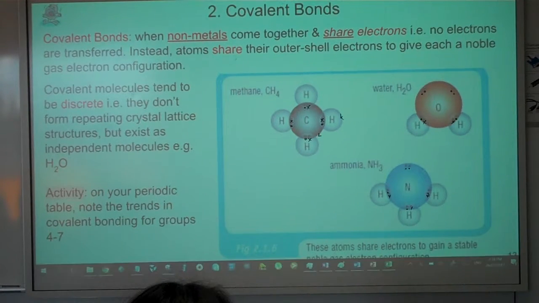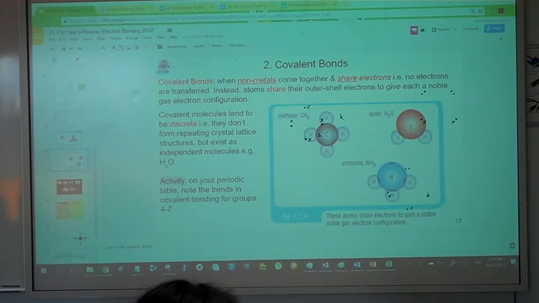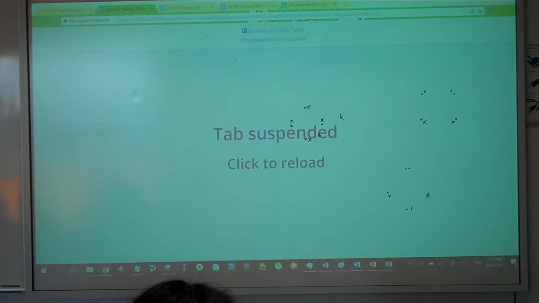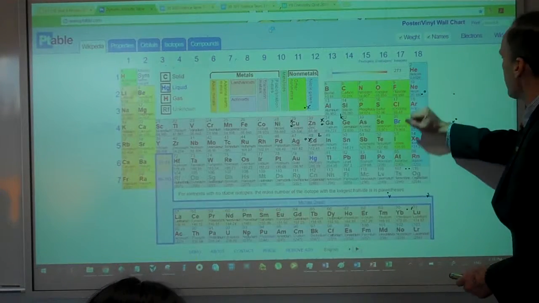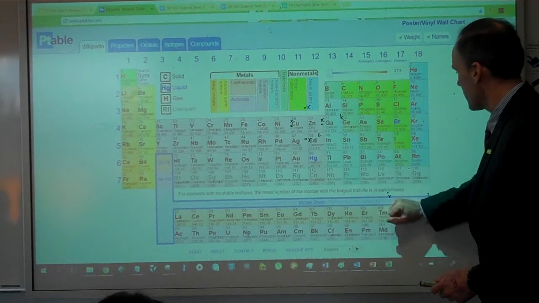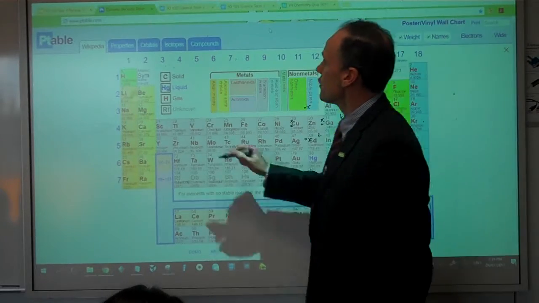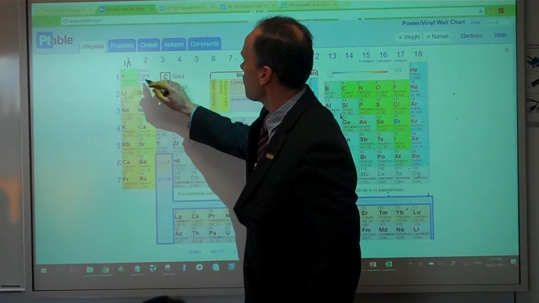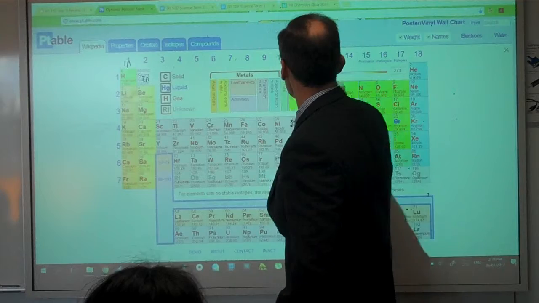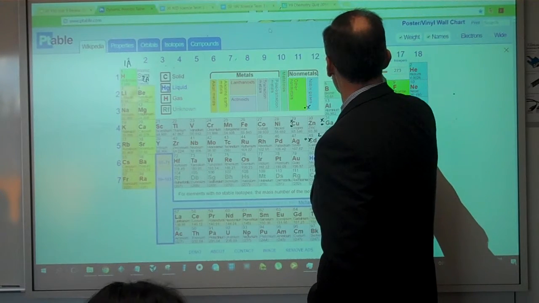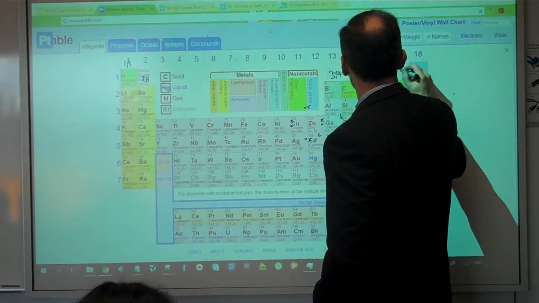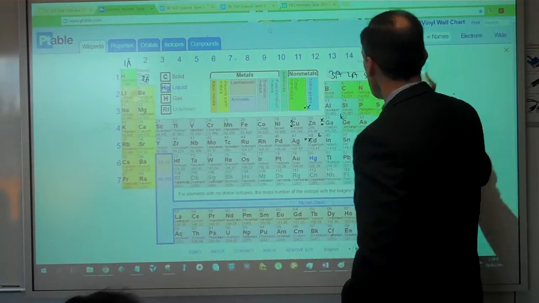So by way of revision, your periodic table should look something like this. On your periodic table you've got some notes. You've got your groups, which we had 1A, 2A, 3A, 4, 5, 6, 7, 8A.